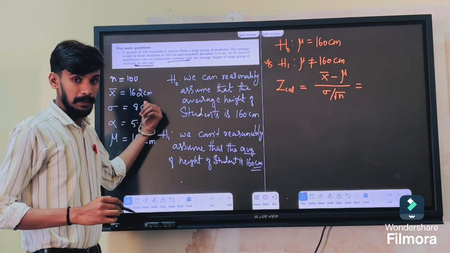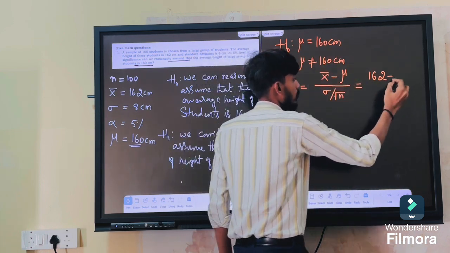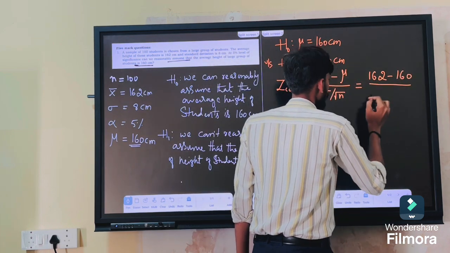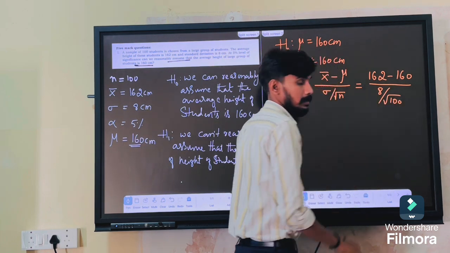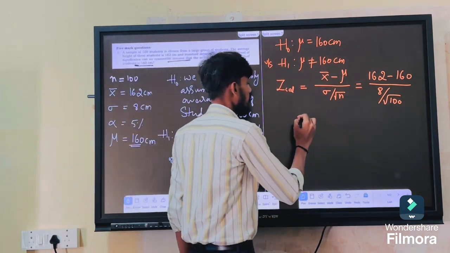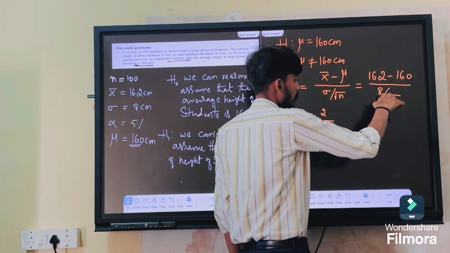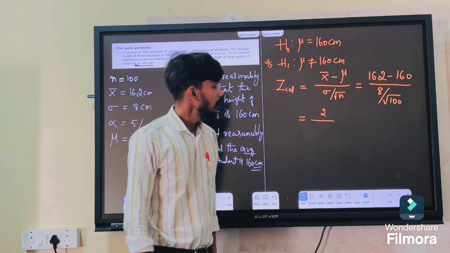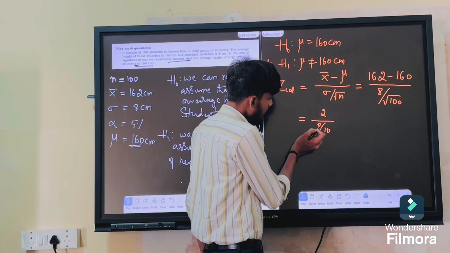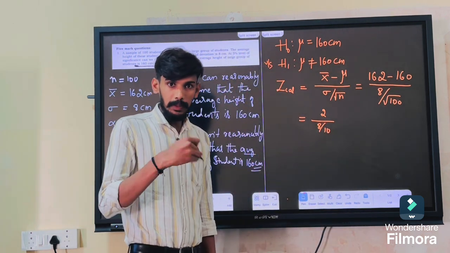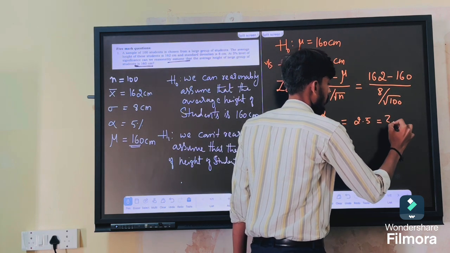X bar is 162 and mu is 160 centimeter, divided by sigma, which is 8, by root 100. After simplification, 162 minus 160 is 2, and 8 divided by root 100, which is 10, gives 0.8. 2 divided by 0.8 gives 2.5. That is Z calculated.